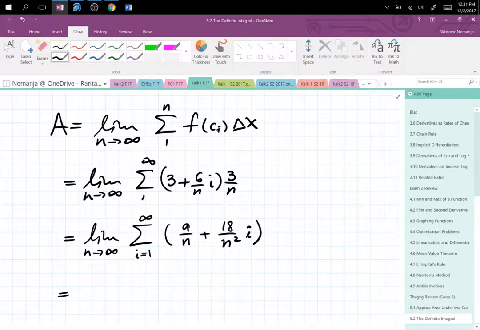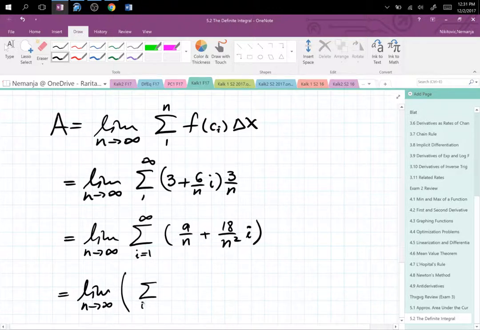And now let's go and take care of the algebra. We start with the limit as n goes to infinity. And now we have a summation, I goes from 1 to n, not to infinity, of 9 over n plus another summation of 18 over n squared times I, again from 1 to n.